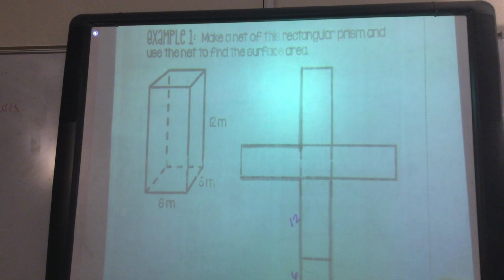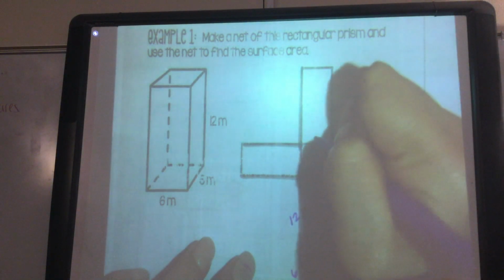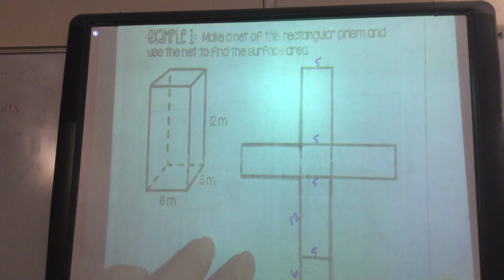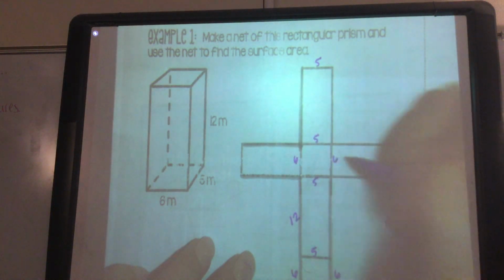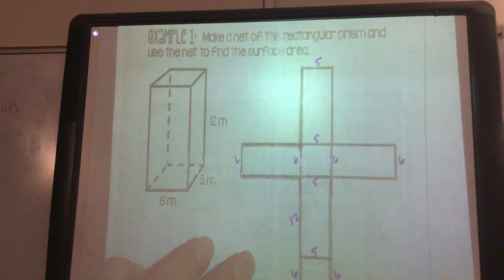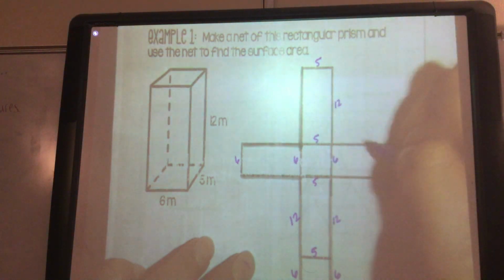Our 5 will continue onto the top, and the 6 goes on the left, so we're going to put it on the right. The next one is similar, 6 on the left and 6 on the right, and the 6 carries out to the ends. Our 12 is the long line, so we're going to fill each long line with 12.